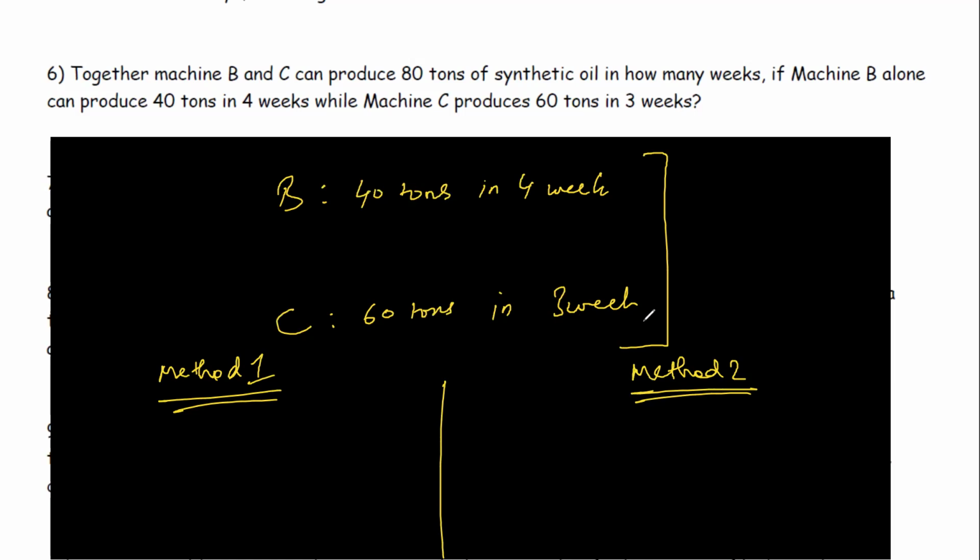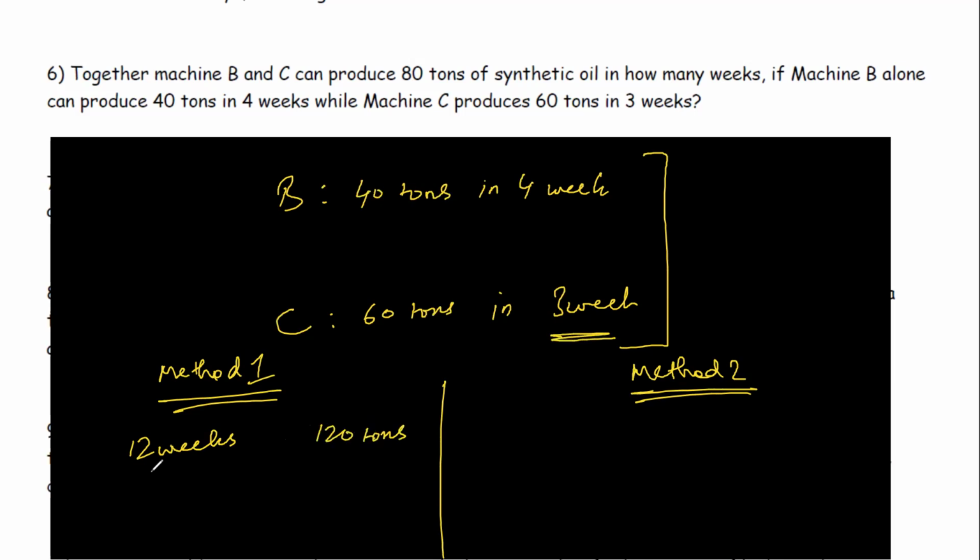So if we consider 12 weeks together, then in 12 weeks, B would have done three times the amount of job, like 120 tons, more time, more output.